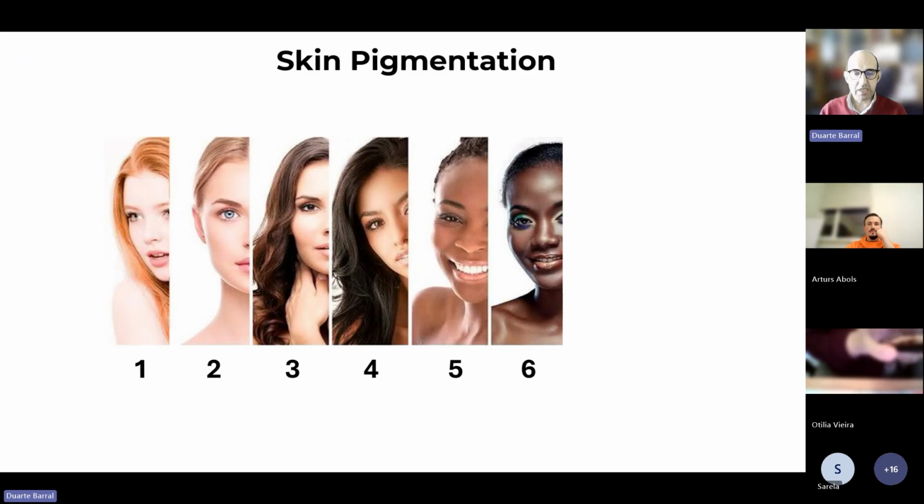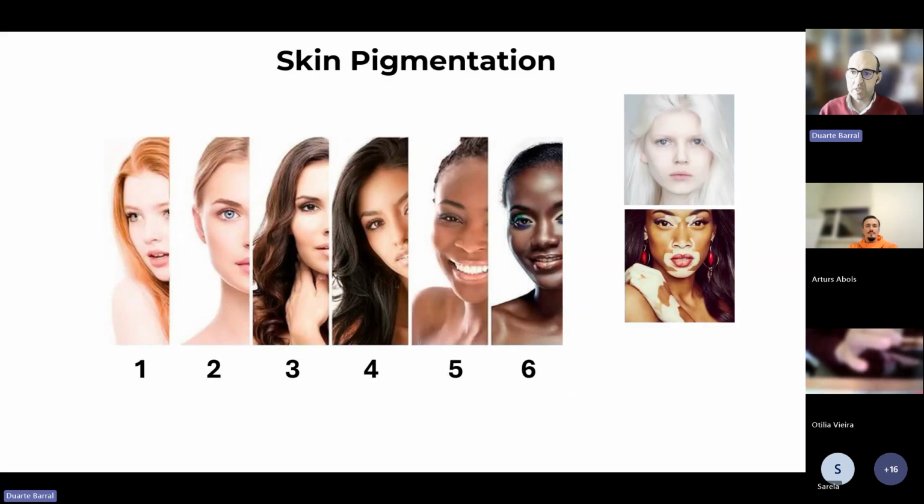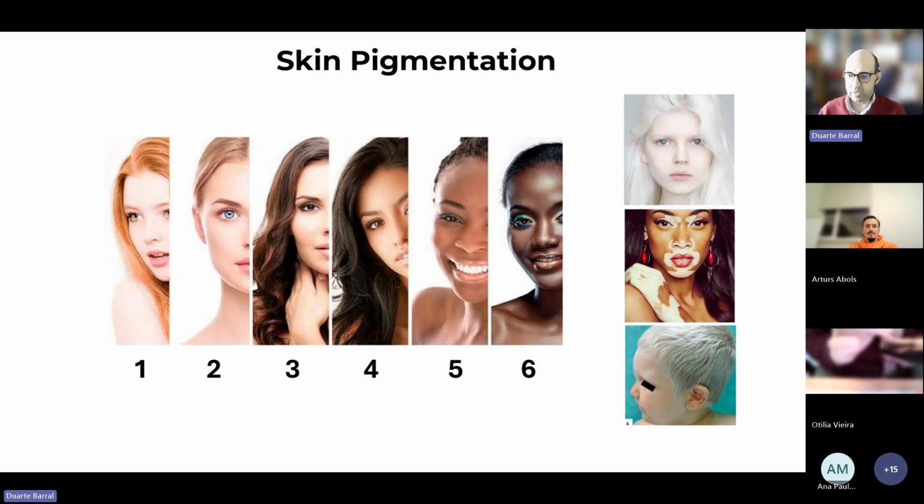Classically, there are six phototypes, and there are also some diseases like albinism, vitiligo, and rare syndromes, for example Griscelli syndrome, which I'm going to talk about later, that affect pigmentation and are highly impactful.